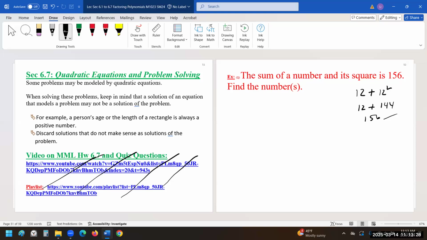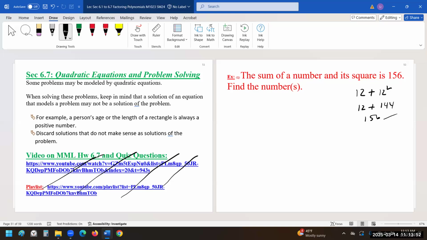But is 12 the only number that when you add its square gives 156? Can you think of any other number? We can't, right? But in reality, there are actually two numbers.